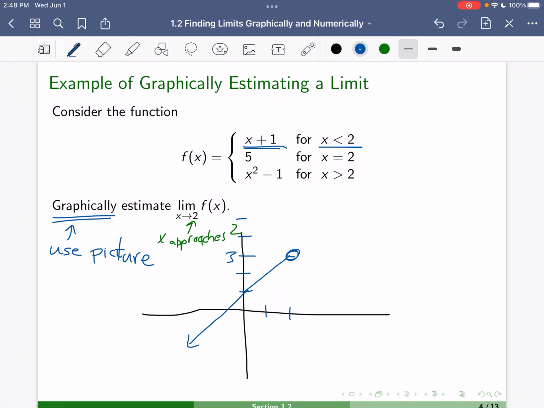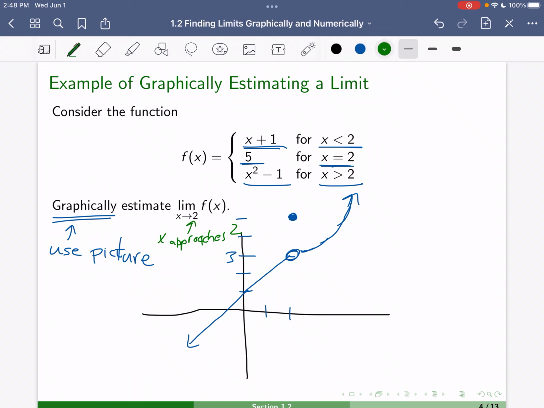When our x value is 2 itself, so if x is equal to 2, then our y value, the function value, should be 5. So at 2 itself, this is defined to be 5. And for x values that are larger than 2, we have x squared minus 1. That x squared minus 1 ends up looking like a parabola. It kind of looks like this.